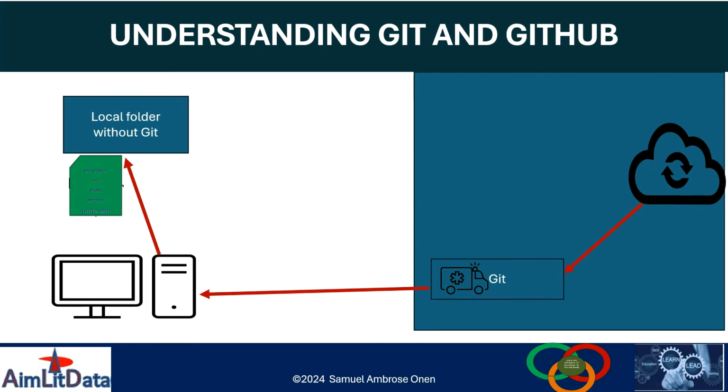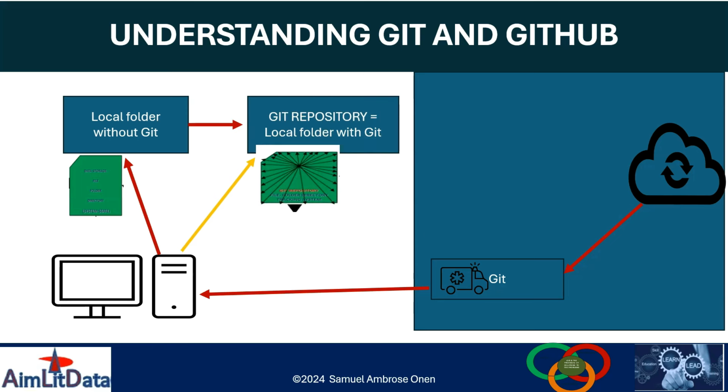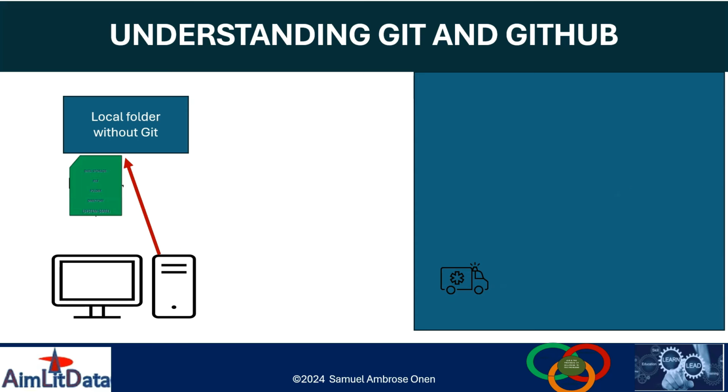So if you need Git, you can go to the Git website and download the Git program on your local machine. There are some operating systems that come with Git pre-installed as a combined component of the operating system, like Linux or Mac OS. But with Windows, you must install Git because Windows doesn't come with a Git program by default. So you need to install it.